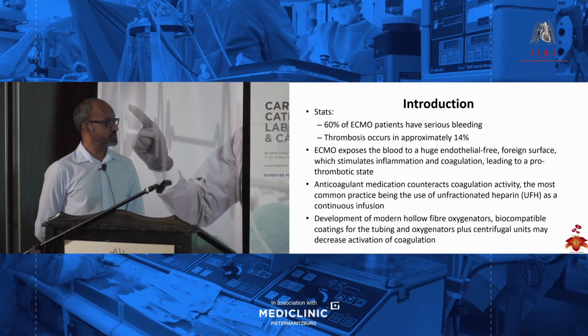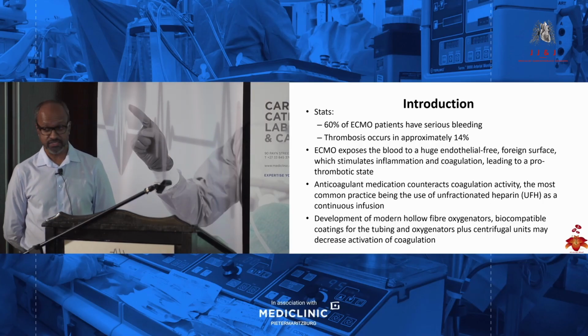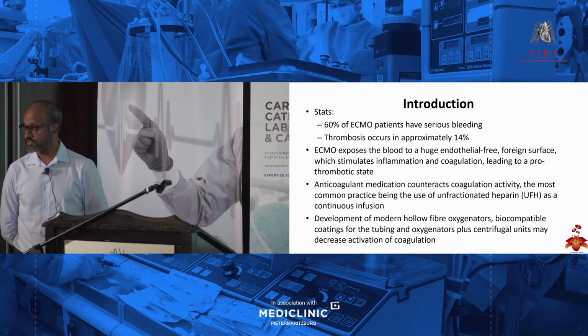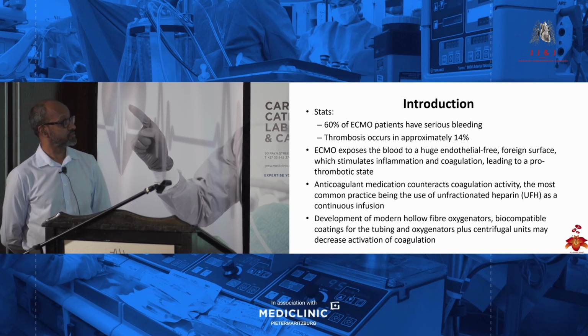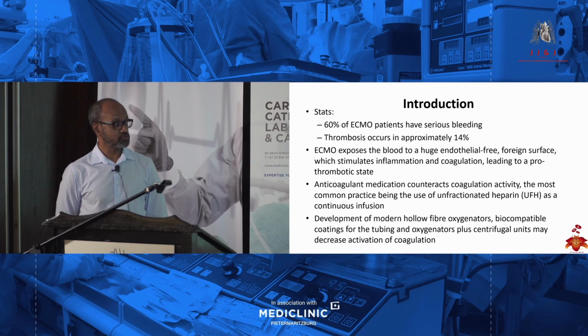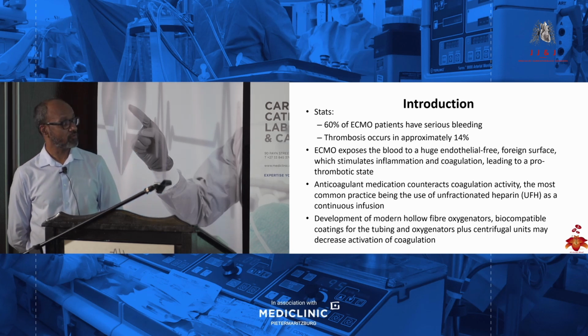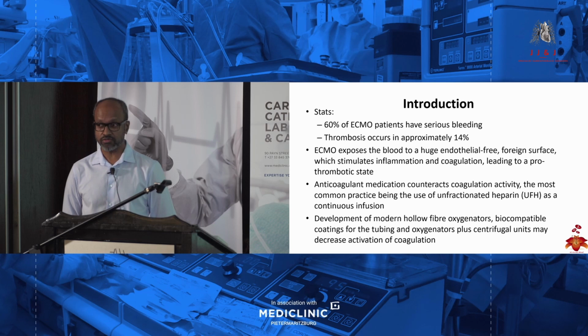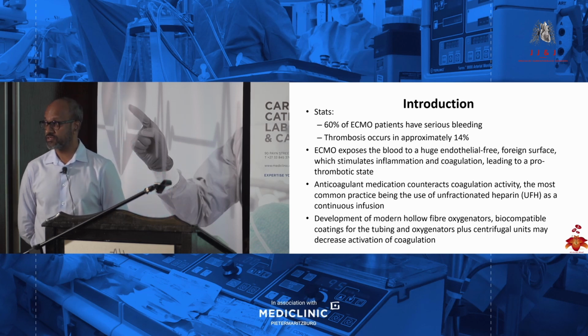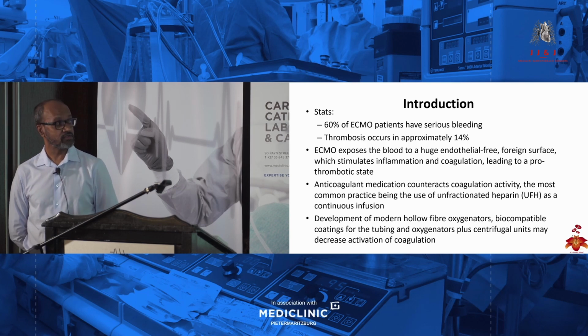Now, anticoagulant medication counteracts coagulation activity, and most of the time we use unfractionated heparin. With the development of modern hollow fiber oxygenators, biocompatible coatings of the tubing and oxygenators, and the use of a centrifugal unit, we decrease activation of the coagulation circuit.